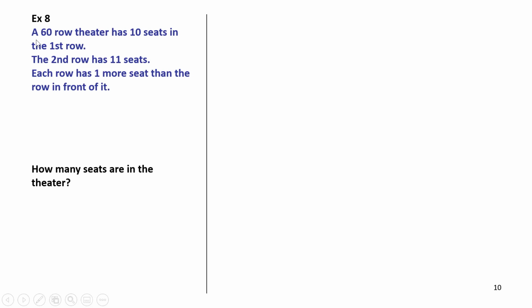Let's see, it says there are 60 rows in the theater, and they want to know how many seats are in the theater. Well, for me to figure that out, I need the first row and the last row. So I need A sub 1 and A sub 60. And I already know that the total number of rows is 60. So here we go. A sub 1 is 10.